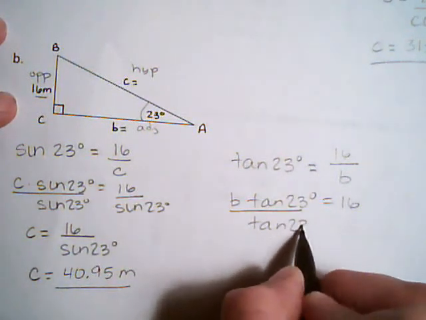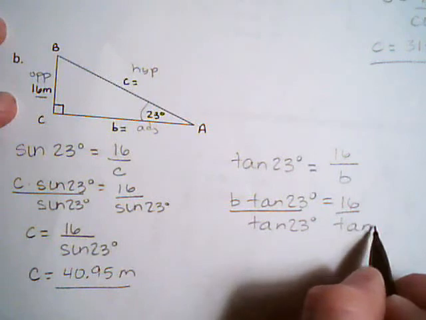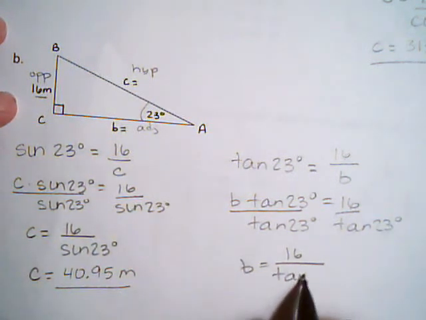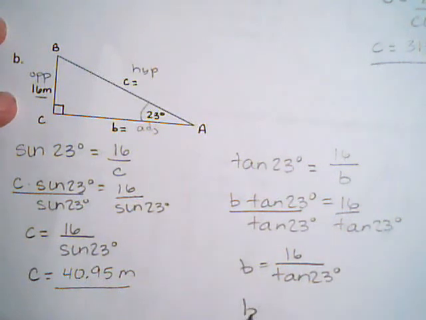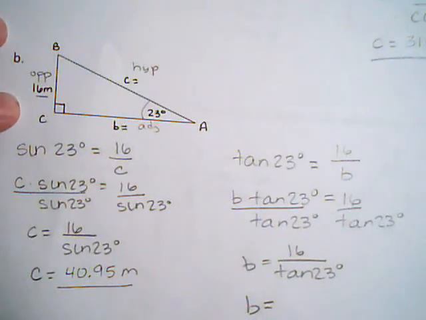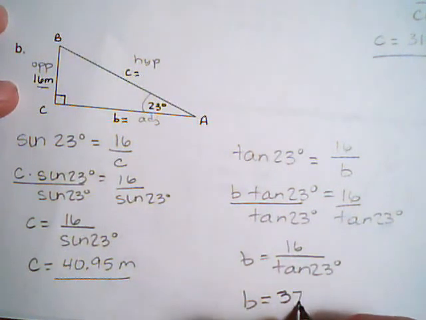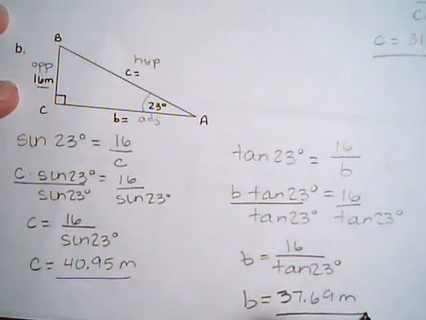Divide by the tangent of 23 degrees. So B equals 16 divided by the tangent of 23 degrees. And when I go to my calculator to type that in, I get 37.69 meters.